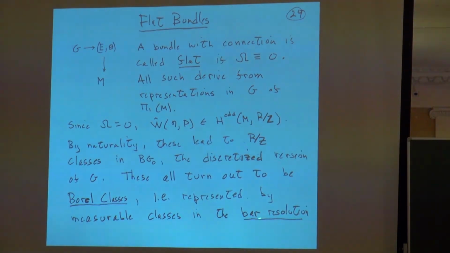They're measurable classes in the bar resolution. And for example, the C_i hats generate all of the cohomology in that discretized group. So it's a very rich family of classes, it turns out.